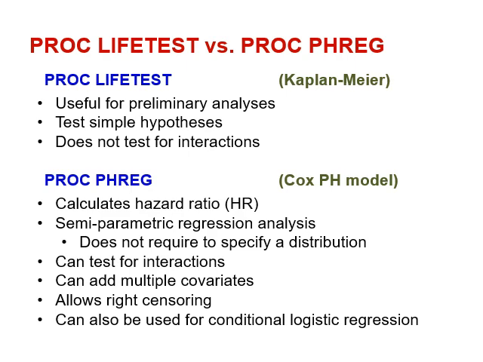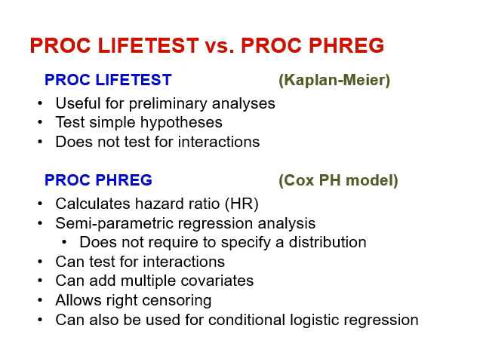So similarly here for time to event data, we can use the Kaplan-Meier for preliminary analysis to test simple hypotheses. However, there are limitations, and we cannot test for interactions in Kaplan-Meier. And also it doesn't handle many different categories or continuous variables.